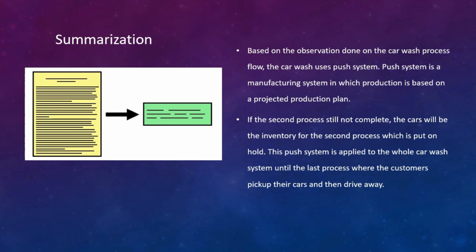If the second process is still not complete, the cars will be inventory for the second process, put on hold. This push system is applied to the whole car wash system until the last process, where the customers pick up their cars and drive away.